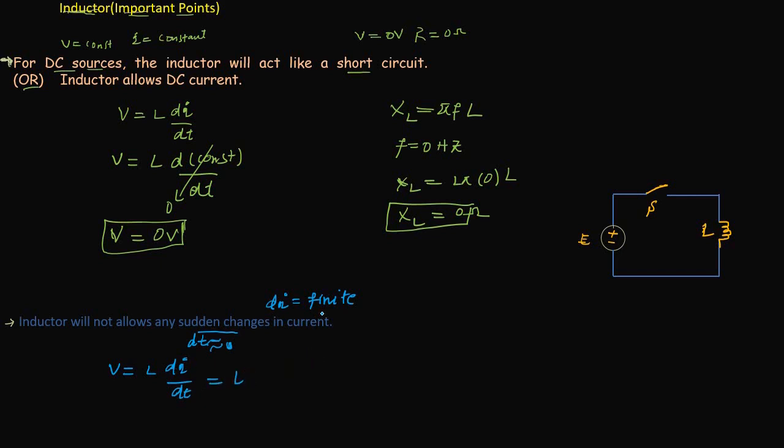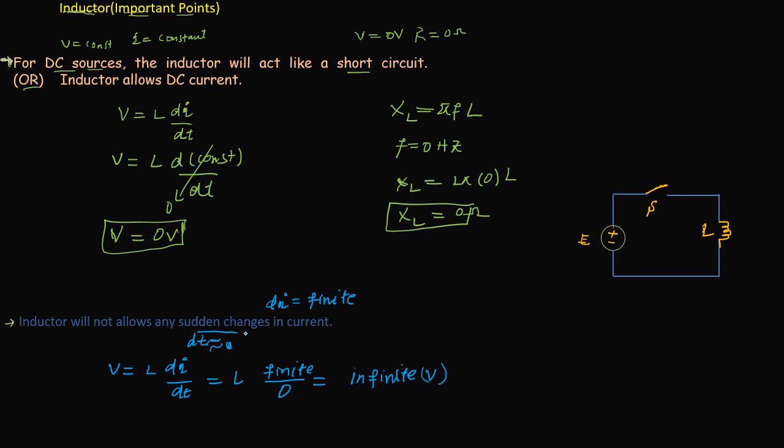So L di in this case is finite, the change in current is finite, while the change in time is 0. So the voltage induced in this case is equal to infinite volts, which is impractical or impossible.